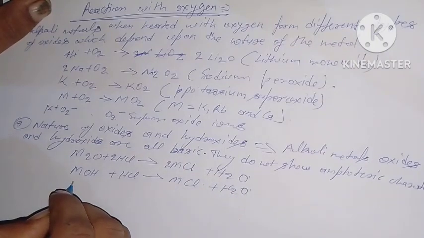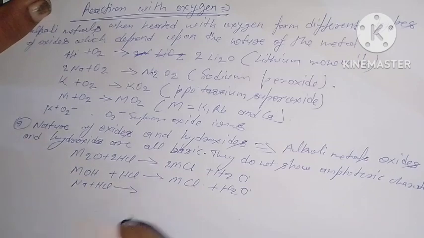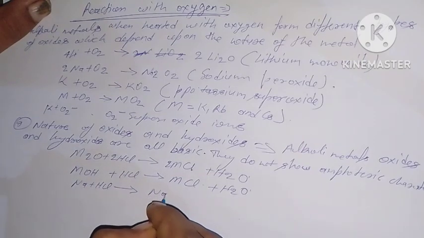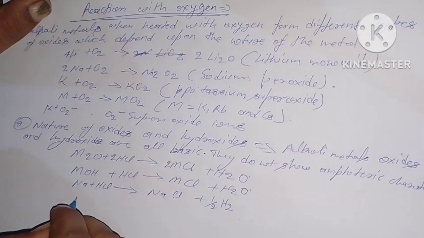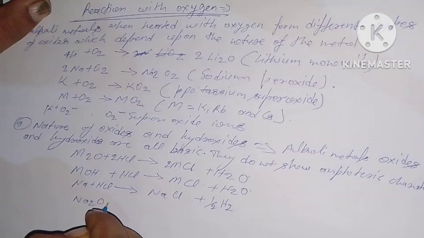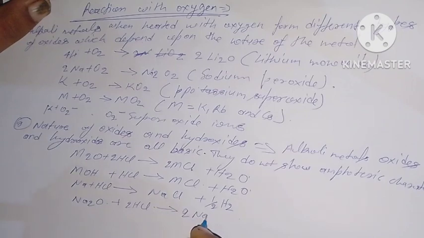As an example, sodium hydroxide plus hydrogen chloride after reaction gives sodium chloride plus water. And Na2O, sodium oxide, plus hydrochloric acid gives 2 sodium chloride plus water.